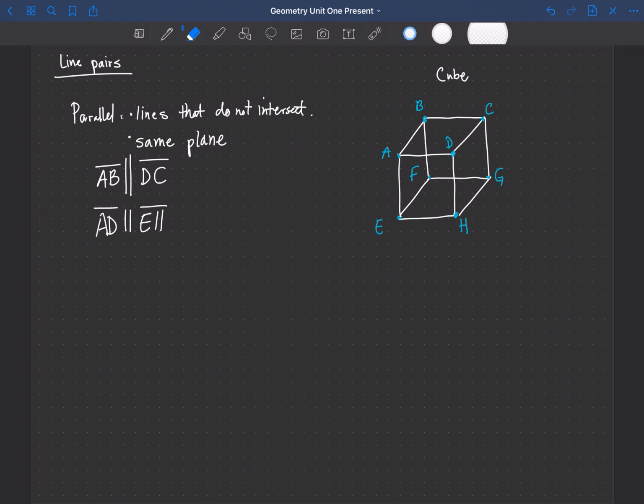So if we look around the shape, okay, AB is parallel to DC. You can have AB is parallel to GH. You can have AB is parallel to EF.